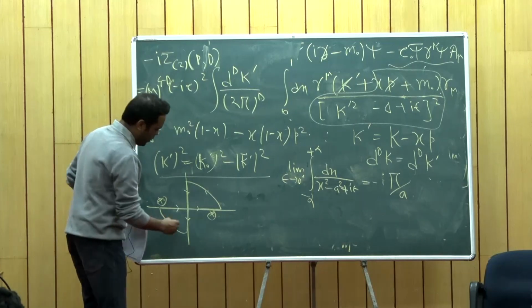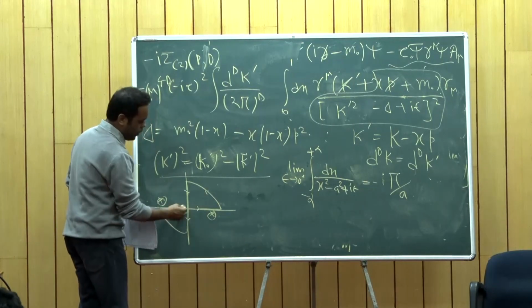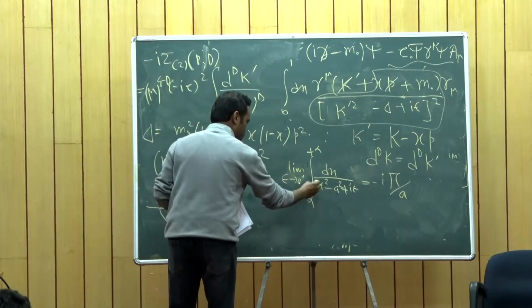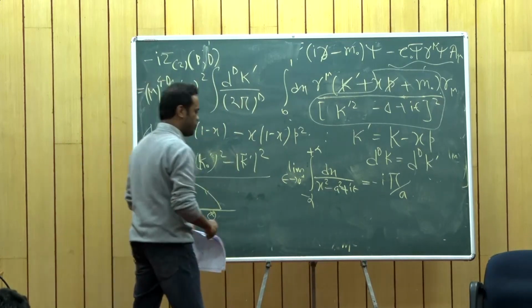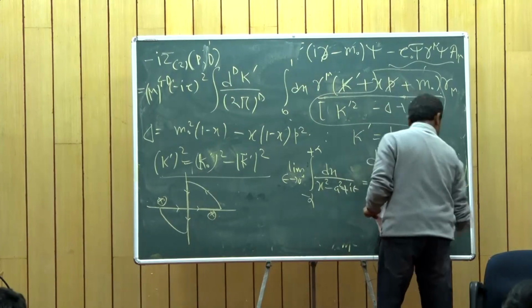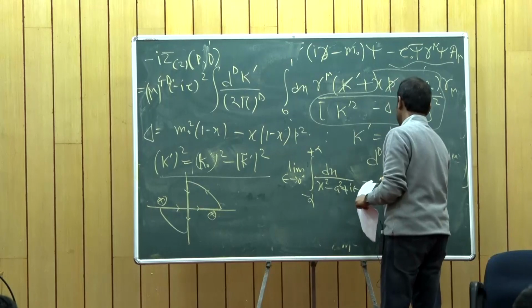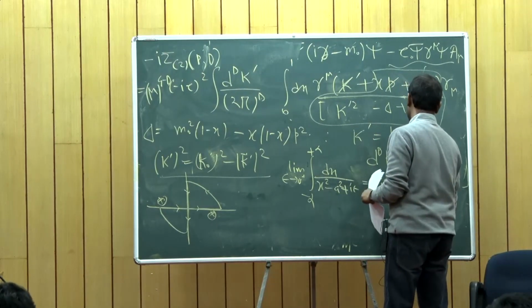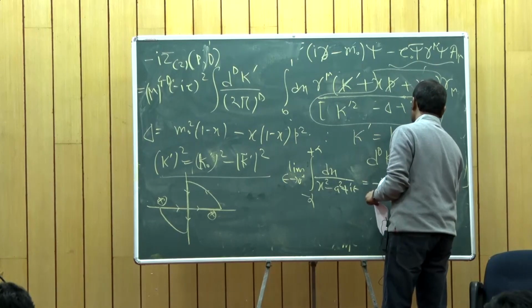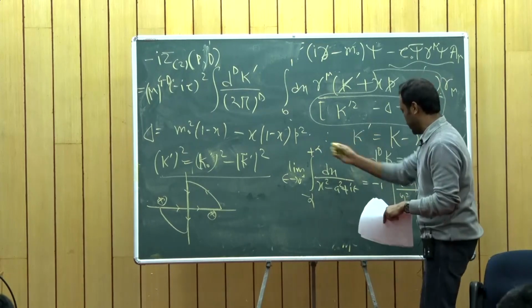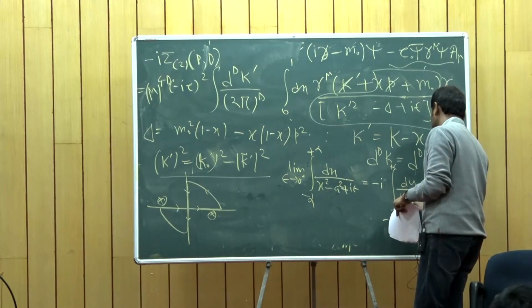Ultimately you will be left with the integration along this line, and it basically means this integral, if I use this contour, will look something like this, minus i, minus infinity to plus infinity, dy by y square. I can actually break this down, but I don't have the time, I think.